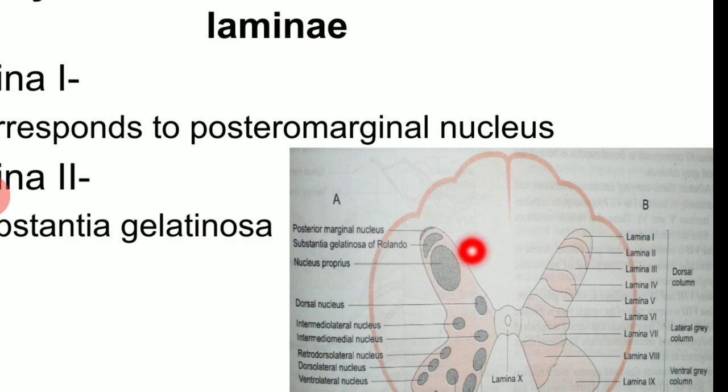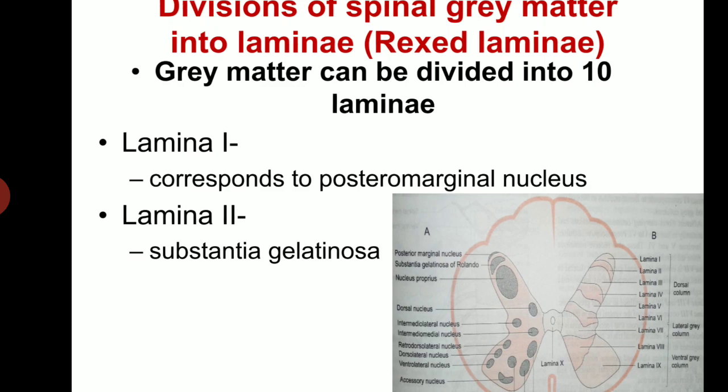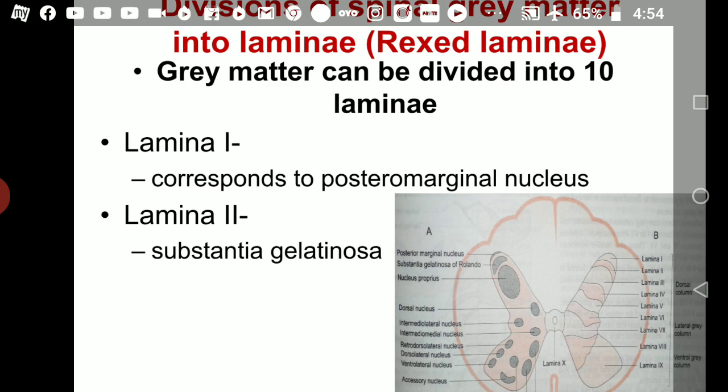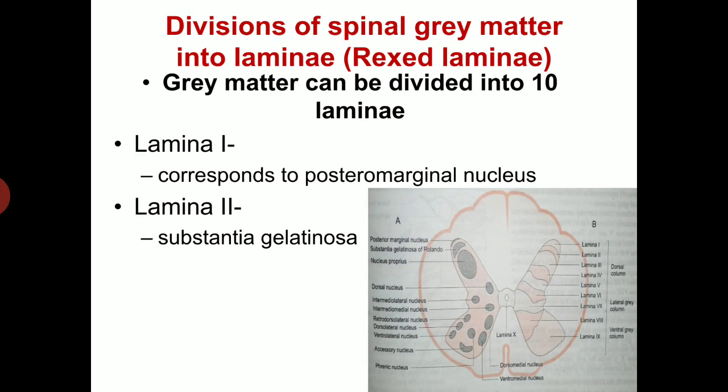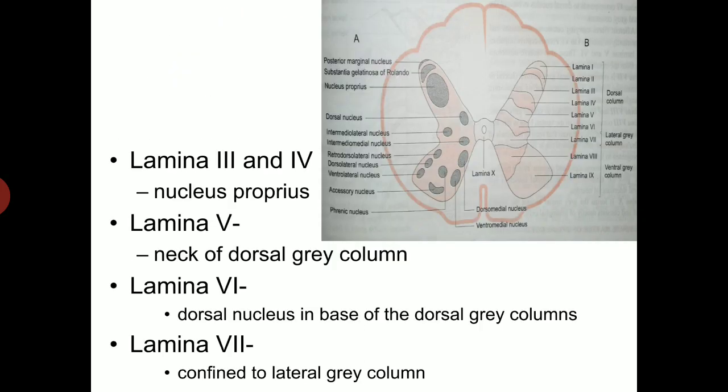Lamina 2 corresponds with the substantia gelatinosa of Rolando. Laminae 3 and 4 correspond with the nucleus proprius.